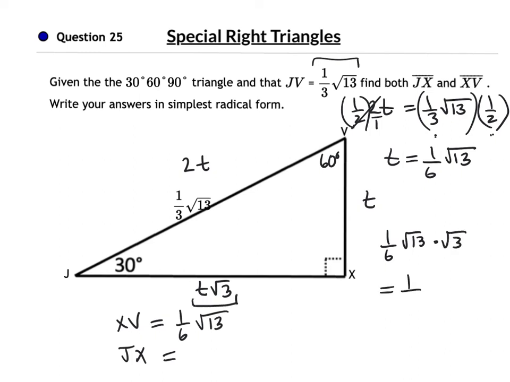That would equal 1/6 root 39. Now I would need to make sure there are no perfect squares in 39, but notice that 3 and 13 were both primes, so there aren't going to be. So JX, or XJ, however it's written, would be 1/6 root 39.